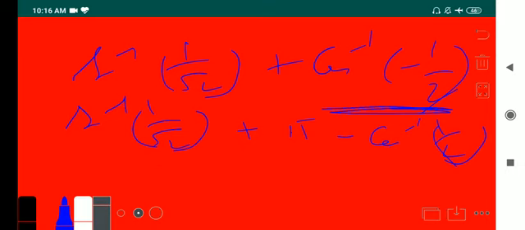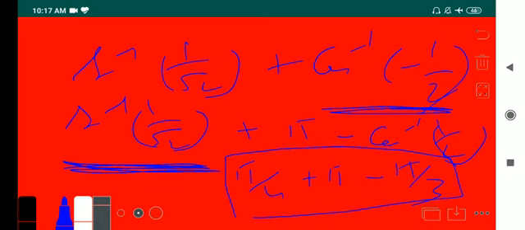And we know that in case of sine, the 1 by root 2 value is pi by 4. So here this value is pi by 4 plus pi minus cos inverse 1 by 2. In case of cos, we know that the value 1 by 2 is cos 60, that is cos pi by 3. So its answer is pi by 3. So on solving this, we'll get the resultant value.